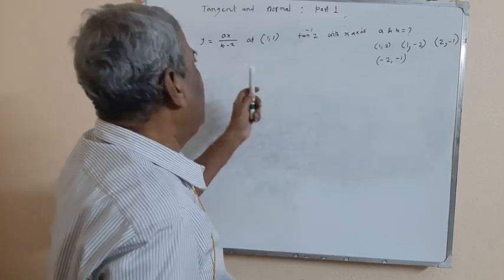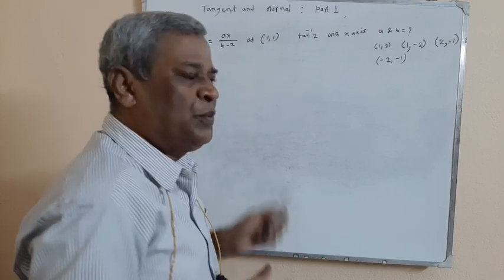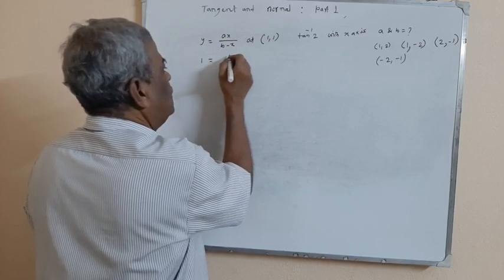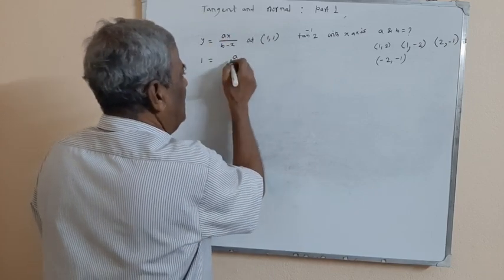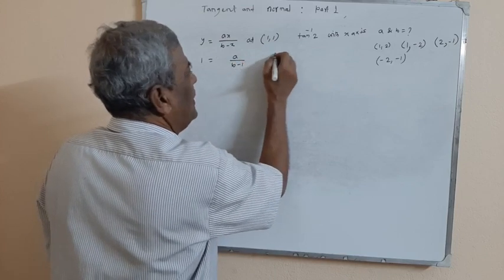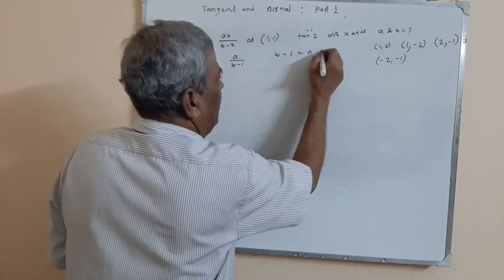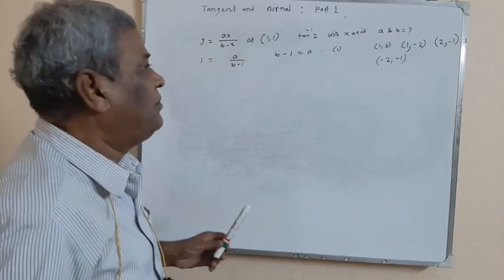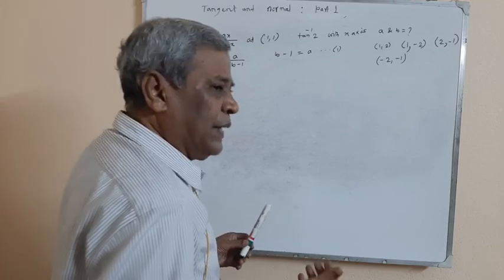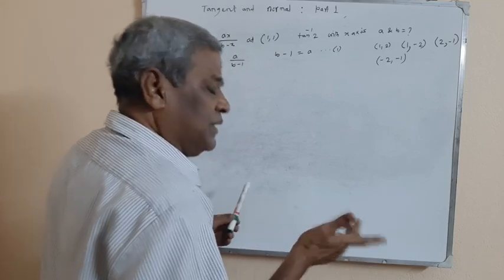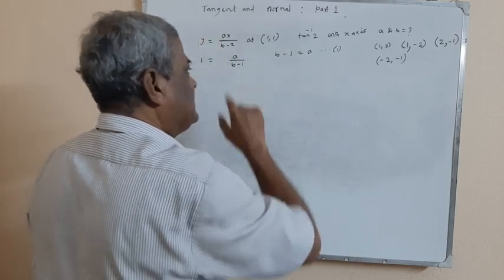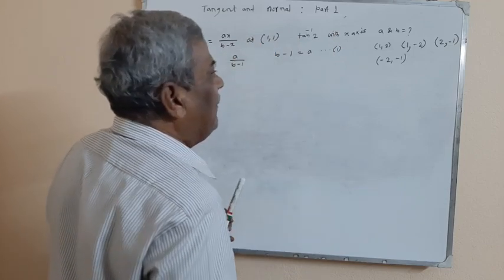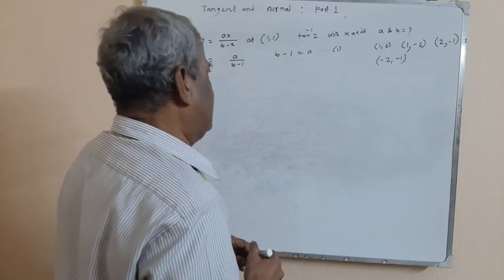First of all, it is clear that the curve passes through the point (1, 1). So it must satisfy it. Therefore, 1 = a·1/(b - 1). That is, b - 1 = a. Suppose this is number 1, an equation involving a and b. So we require one more condition, a relation between a and b. The second relation is that the tangent at that point makes an angle tan⁻¹ 2 with the x-axis.